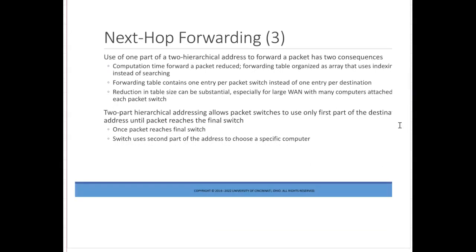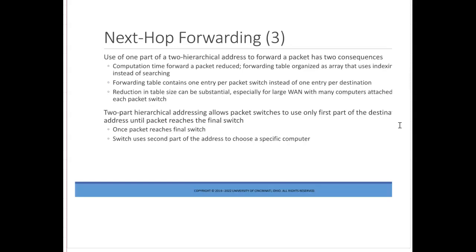Using only one part of a two-part hierarchical address to forward a packet has two practical consequences. First, the computation time required to forward a packet is reduced because the forwarding table can be organized as an array that uses indexing instead of searching. Second, the forwarding table contains one entry per packet switch instead of one entry per destination computer.